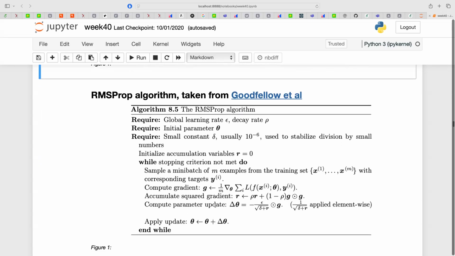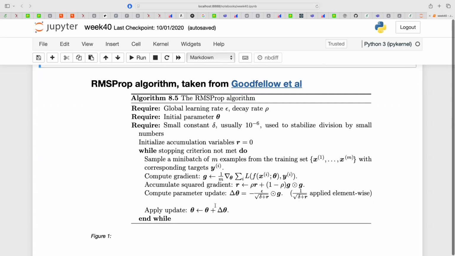Now, the only difference between the root mean square propagation and Ada-Grad is that we have some kind of memory when we calculate this accumulated gradient. So there is a parameter which we now have to include, which is the so-called decay rate rho. And if you think back to the momentum gradient method we discussed last week, you see that you have a parameter rho between 0 and 1, so that you scale the previous iteration and the new one, which is now given by the gradient times the gradient.